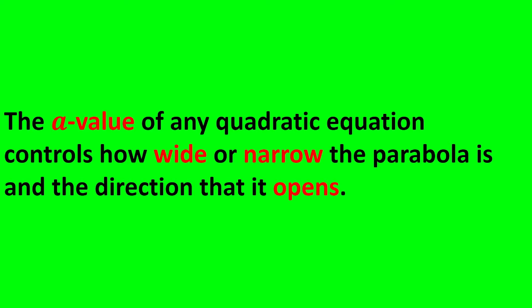If your a value is a proper fraction, then your parabola will be wider than the parent function. If you ignore the sign and your a value is greater than 1, then your parabola will be narrower than the parent function. And if your a value is 1, then your parabola will be exactly the same shape as the parent function.